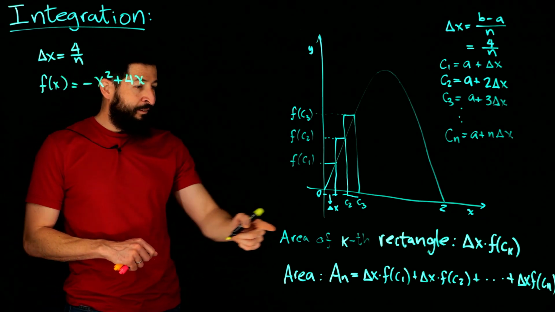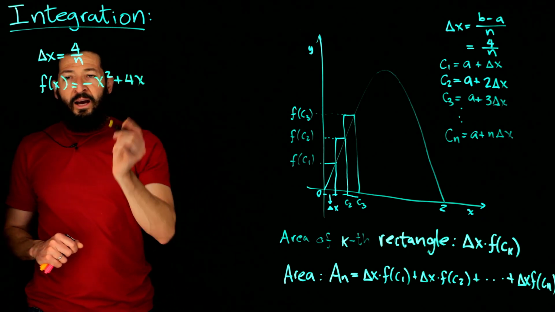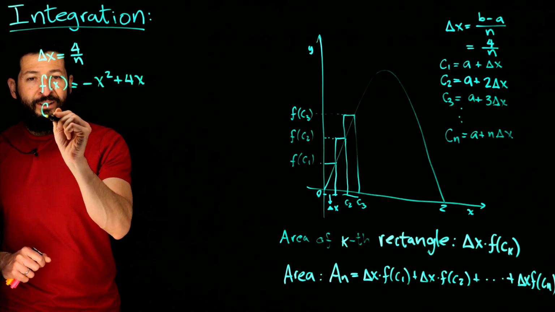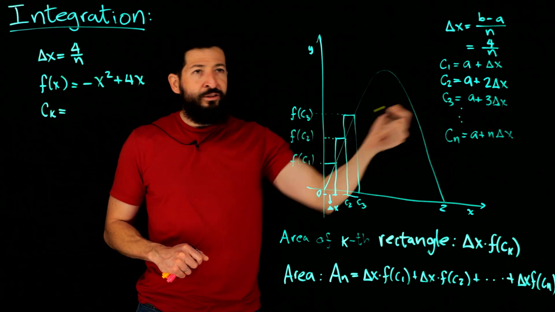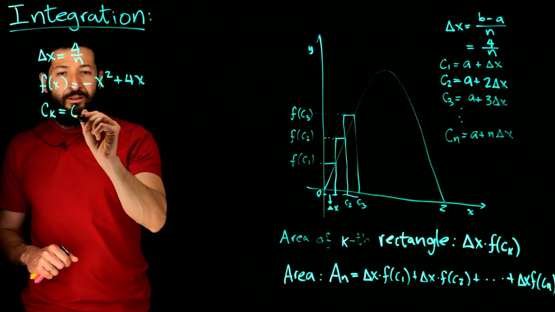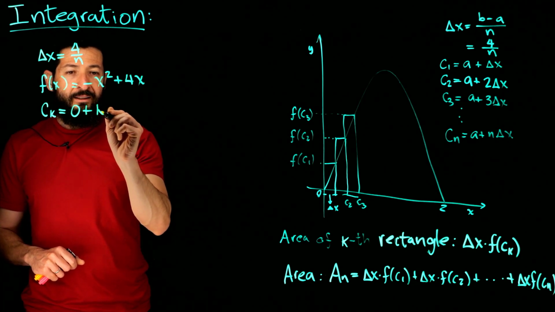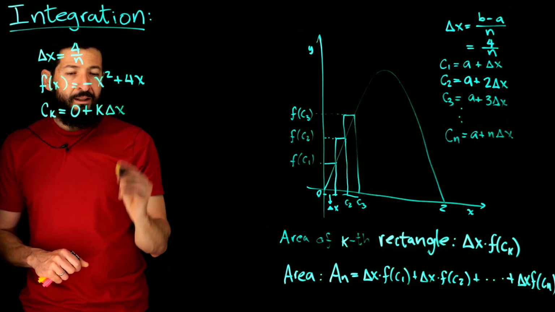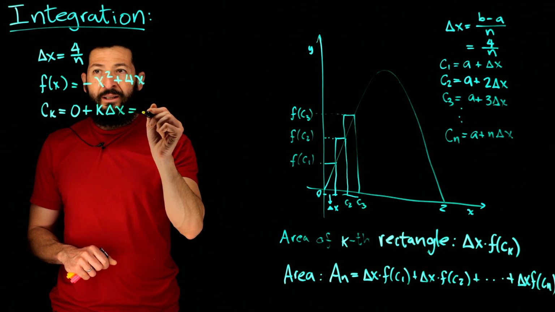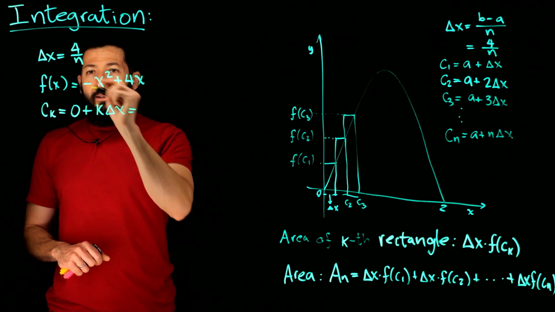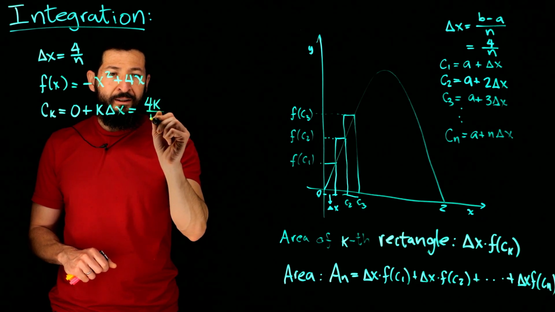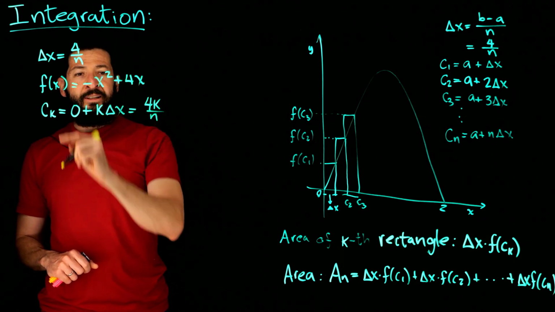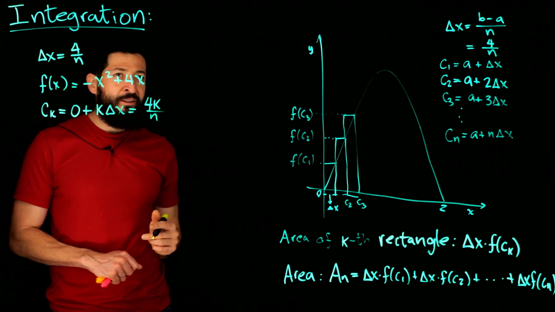So we're going to go ahead and evaluate this sum right here. Oh, and let me write the term ck. In our case, it is going to be a, which is 0, plus k delta x. And that then is going to be k times 4 over n. So 4 over n is our delta x, and k, I'm just going to put it on the side.